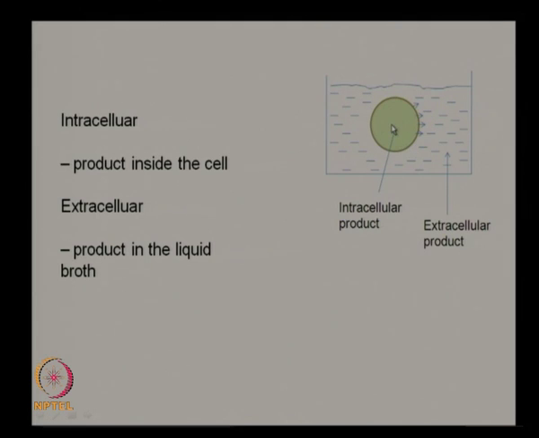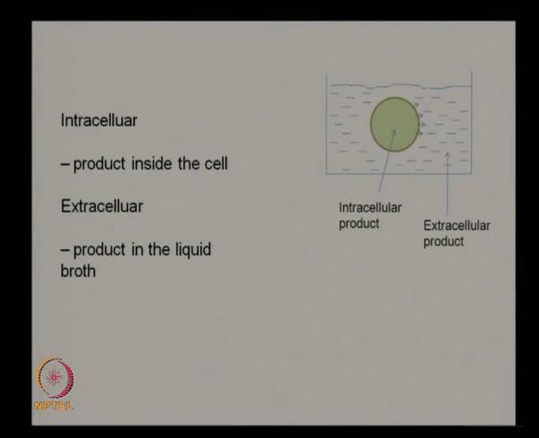So you just have to filter, take your cells and throw them out, and you have your product in the liquid medium. So in intracellular you have to recover your cells, break the cells, and then get your product out of the cells. Okay. So the number of steps are more, cost is also more.